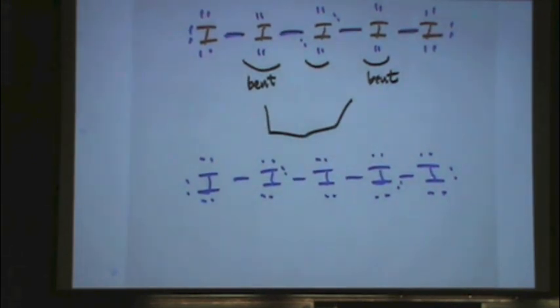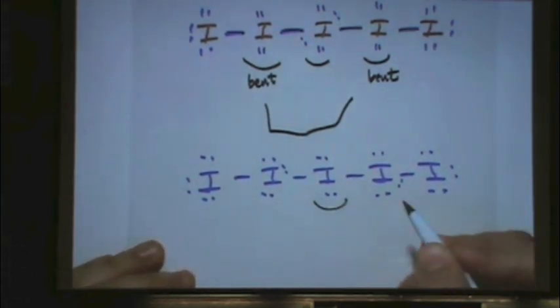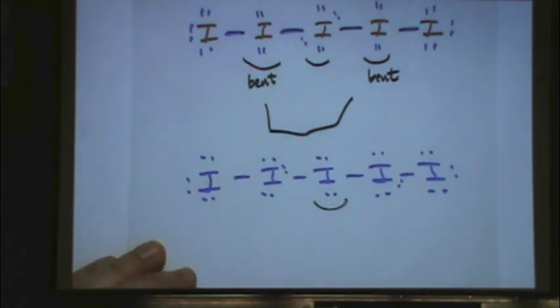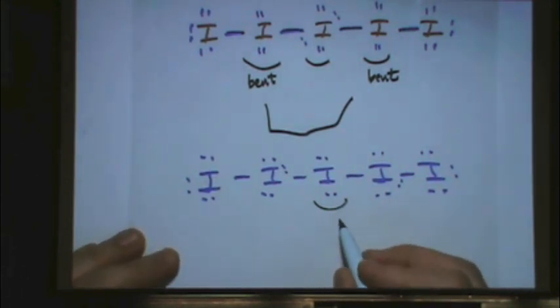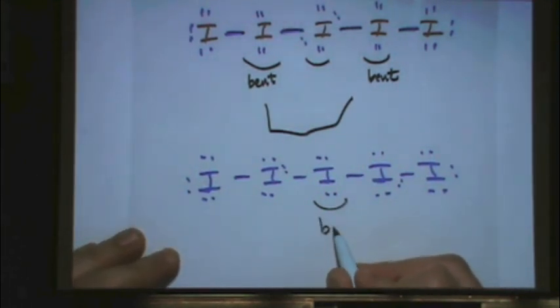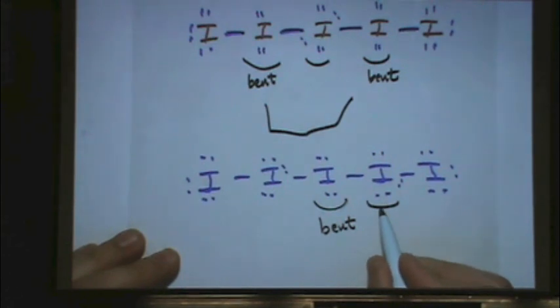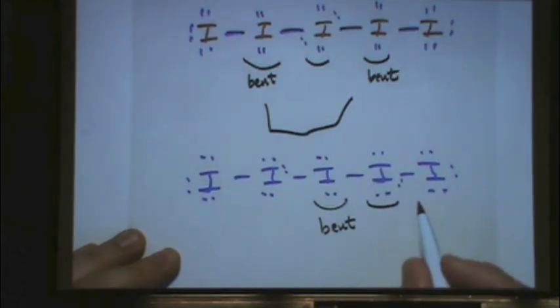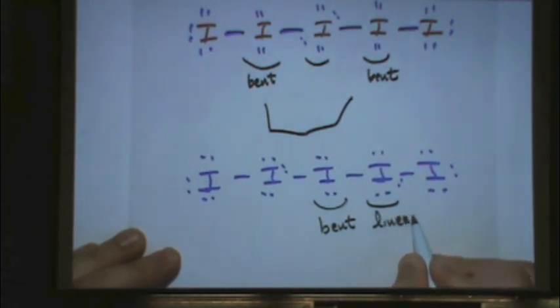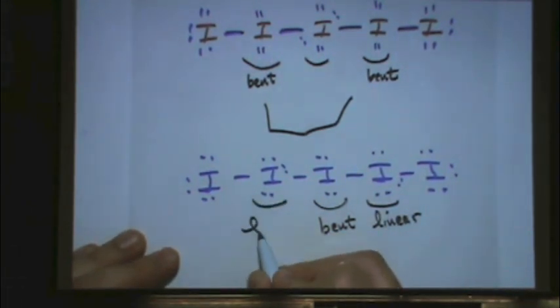What's the molecular geometry of the center atom? Bent, 2 lone pairs, 4 groups. What is the electronic geometry of this atom right here? Electronic. Trigonal bipyramidal, 5 groups with 3 lone pairs. What do we call it? Linear. This one's identical, so it's also linear.